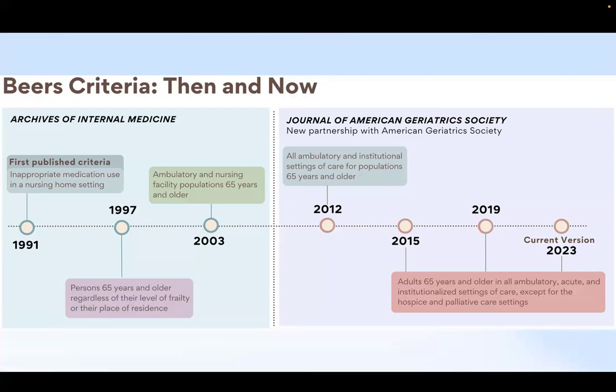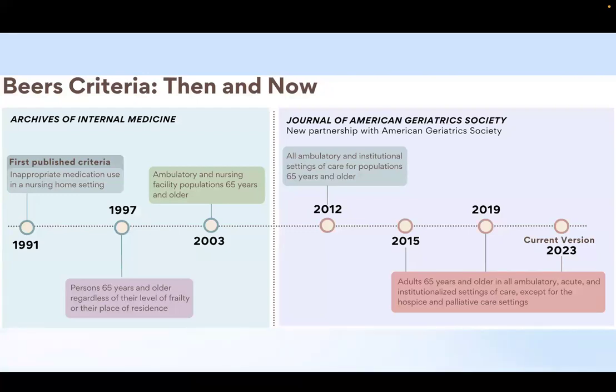So for those patients, the Beers criteria became available for the population of 65 years and older in 2003. And in the Journal of Aging, from 2012, all ambulatory and institutional settings of care for the population of 65 years and older were covered by the criteria.